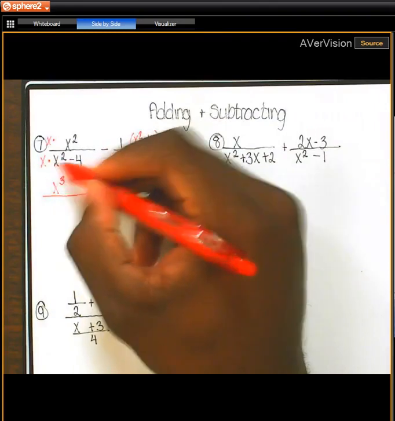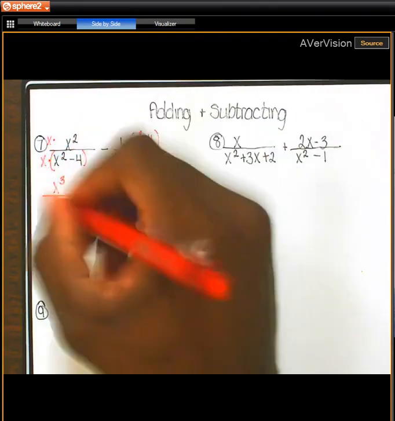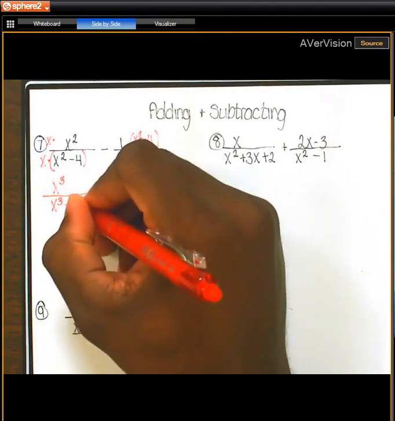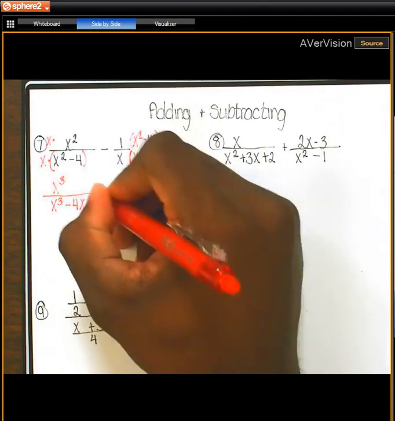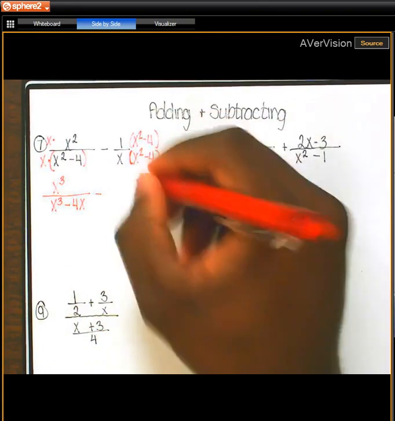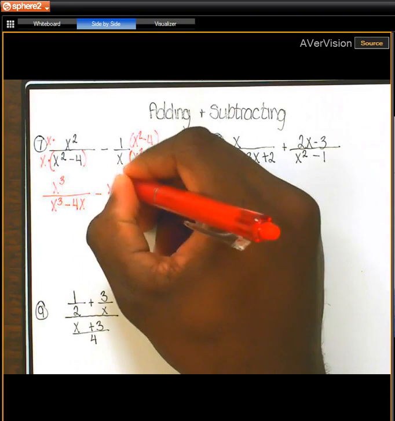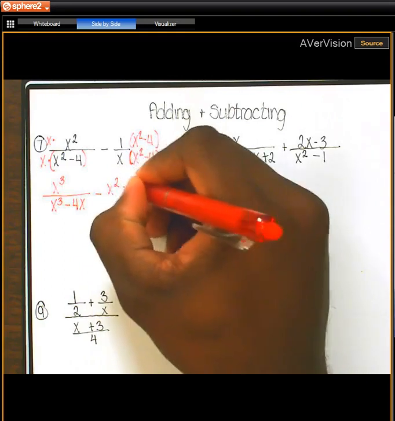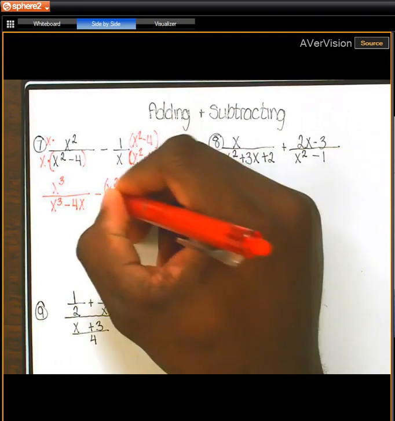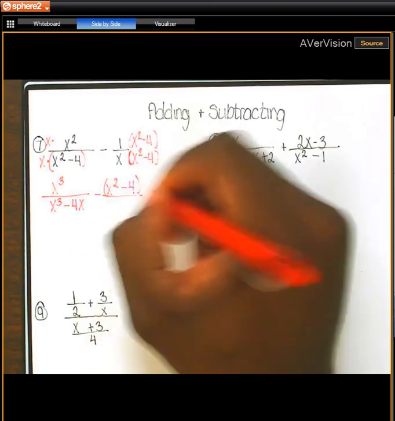What is x times x squared minus 4? And then negative 1 times x squared minus 4, we get, you will after you distribute the negative, yeah.